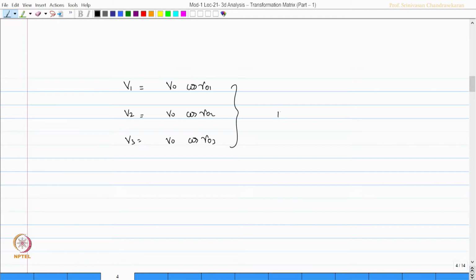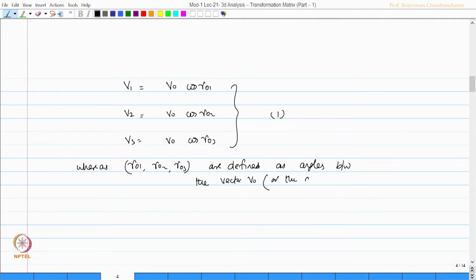I call this equation number 1, whereas gamma 01, gamma 02 and gamma 03 are defined as angles between the vector V0 or the axis y0 to which the vector is placed.